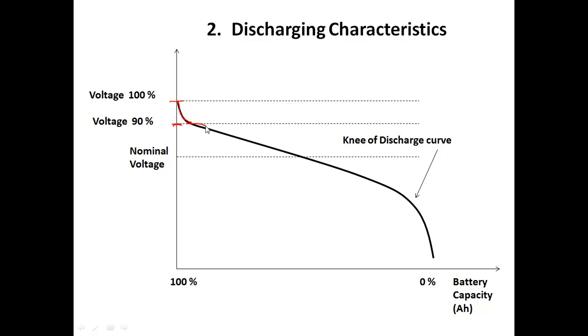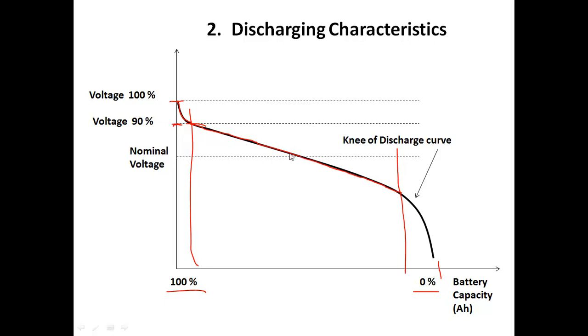After that, it follows a linear pattern and it discharges linearly. So the linear section is from this point to this point. On the x-axis, we have taken 100% charged battery, and the last point here is 0%. That is, the battery backup has become 0.